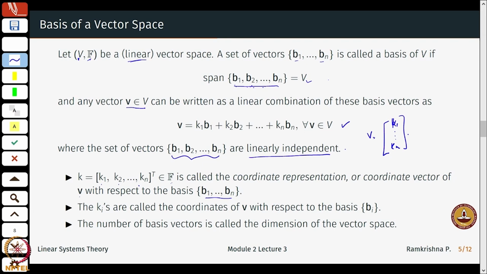So these ki's are called the coordinates of v with respect to the basis bi. This will be called the first coordinate, and similarly this will be called the nth coordinate.